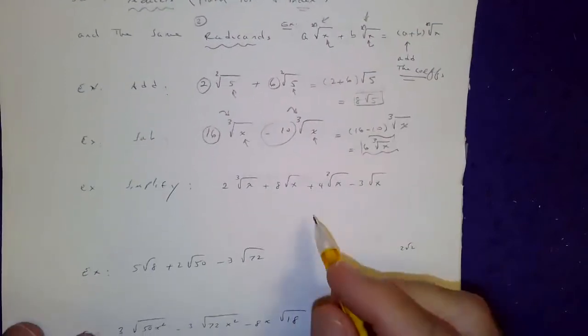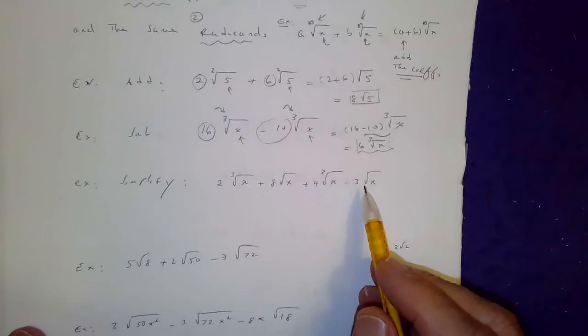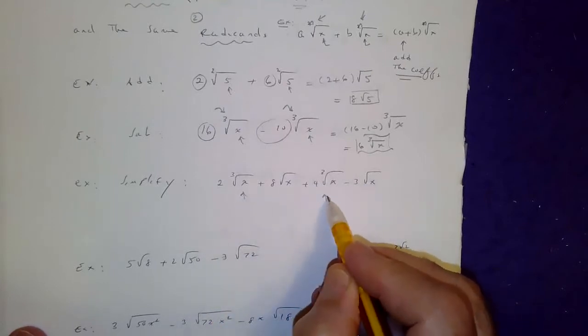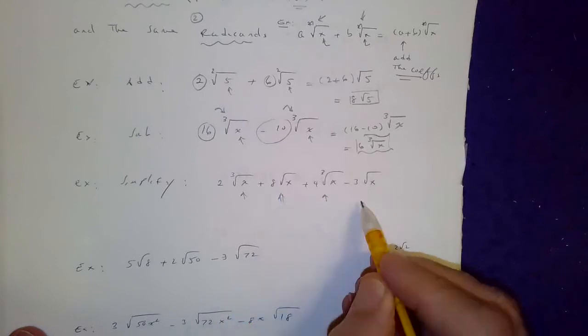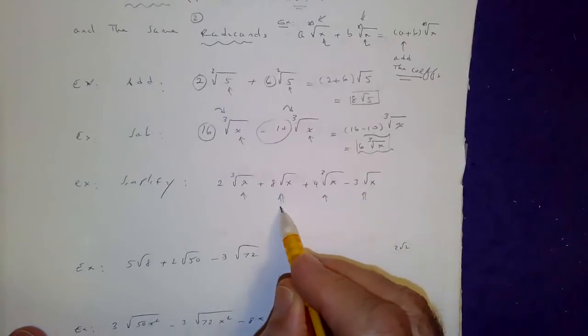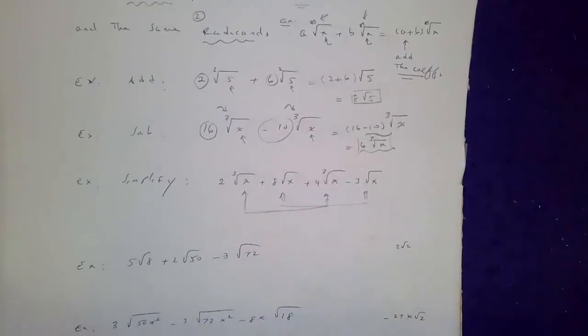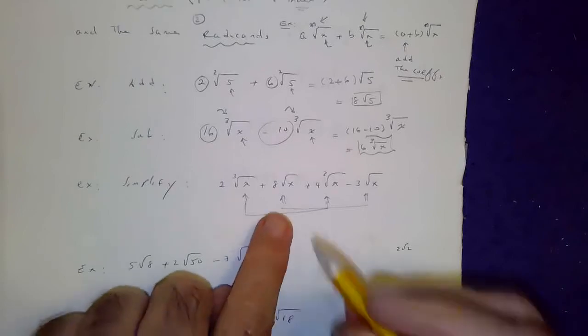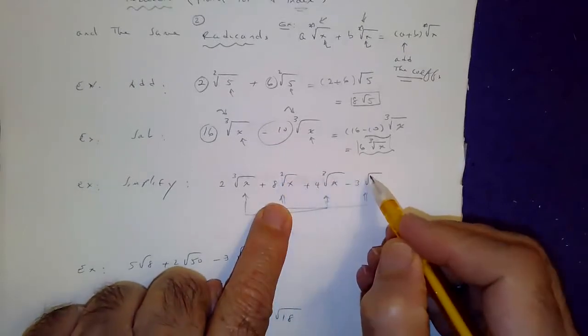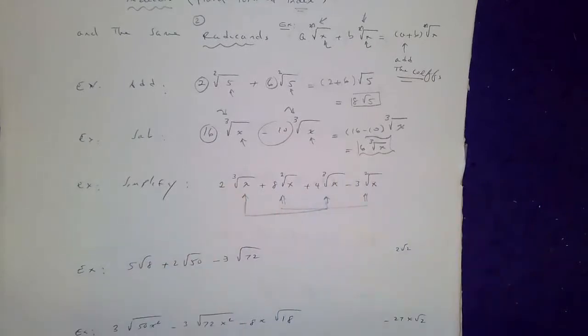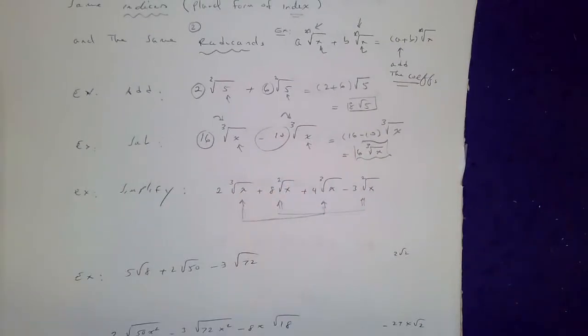Now, sometimes you get a mixture of the indices. These are like terms, and these are like terms. So these should combine, as well as these. You cannot combine all of them at the same time, because the indices of these are 2, whereas the indices of these are 3. These are square roots, those are cube roots.